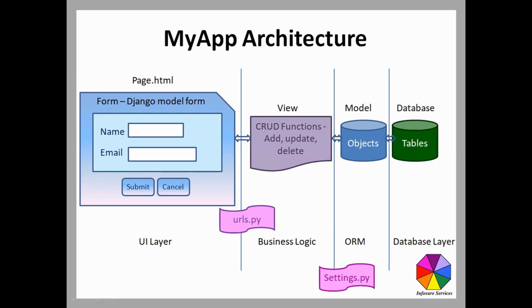These are the CRUD operations of these objects with functions. So view is just a function where whatever functionality is required is coded. Add, in this case, add a product, update a product, delete a product, like that.